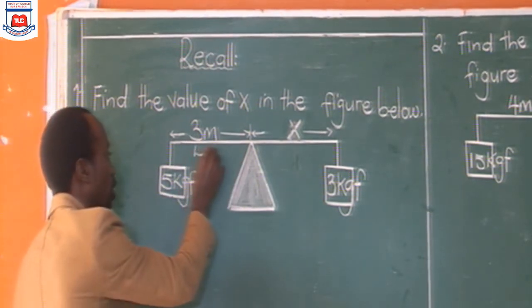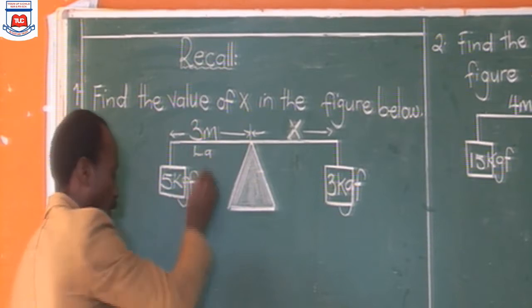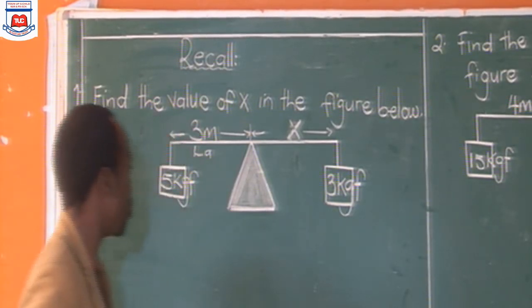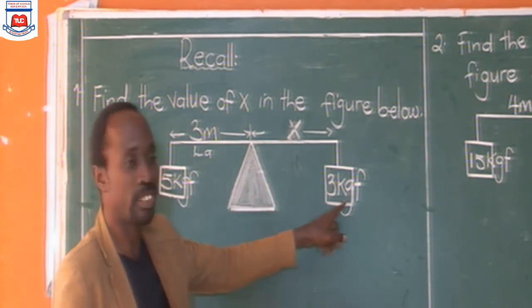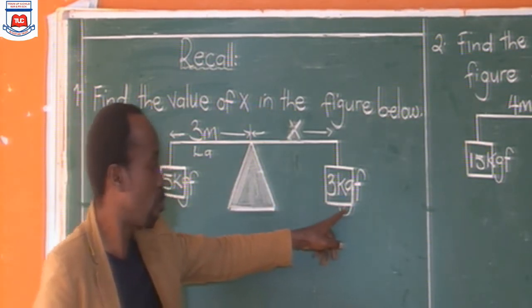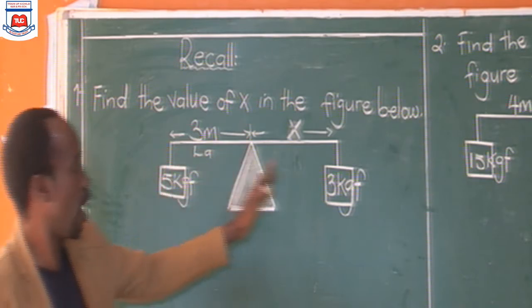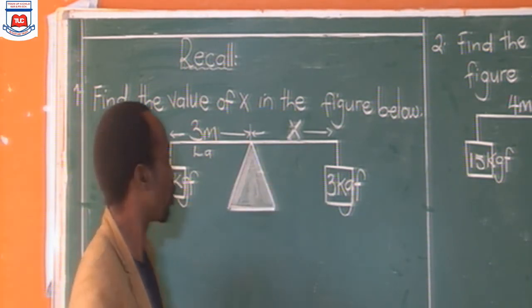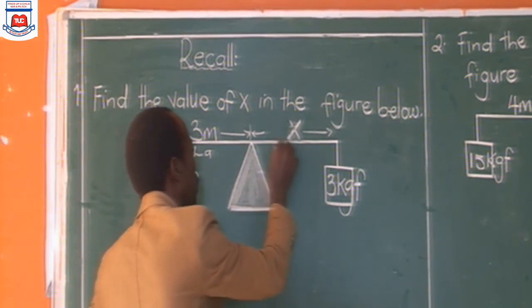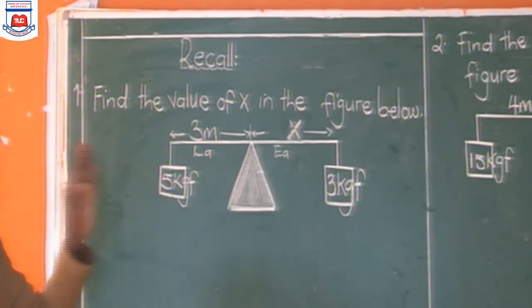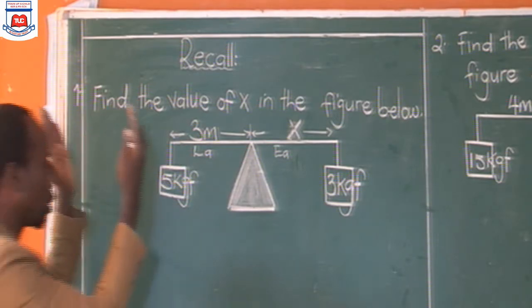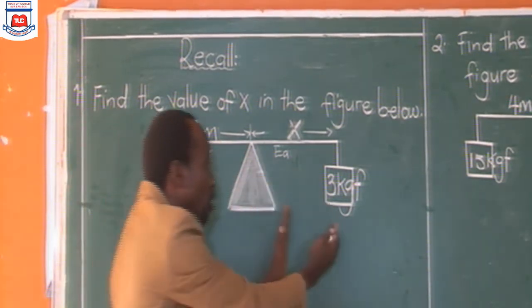So in the previous lesson, you called this LA, that is the load arm, okay? Now, we also have the effort this side, which has to balance with the load this side, and it is X distance. So this is the effort arm, this side. So in order to have this balancing, we shall make sure that this side is equal to this side.